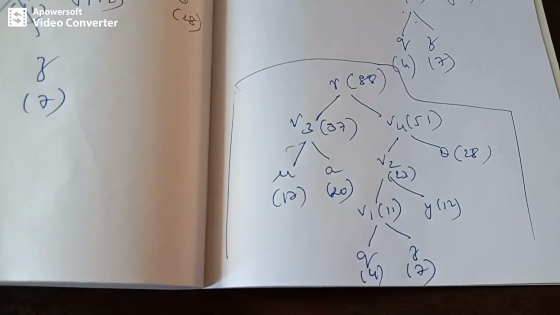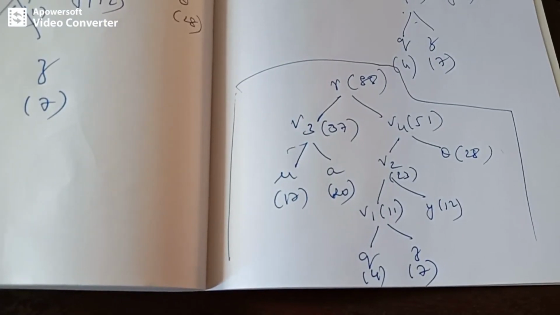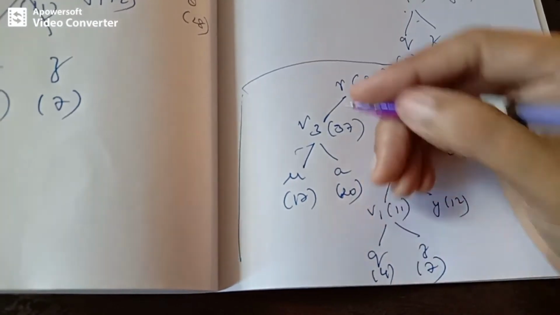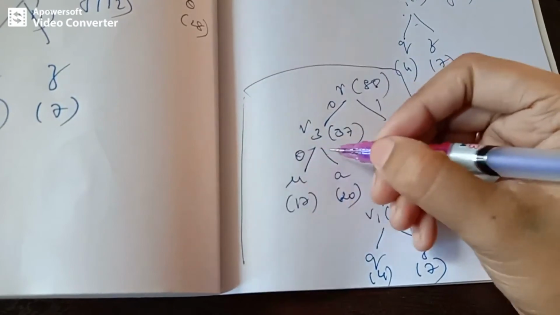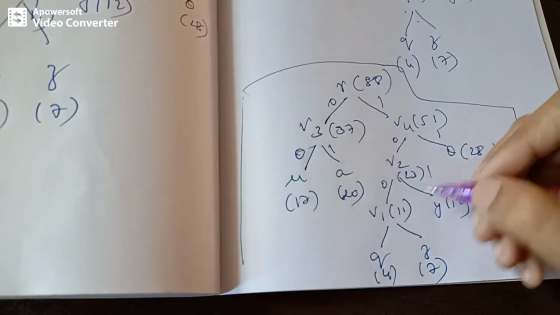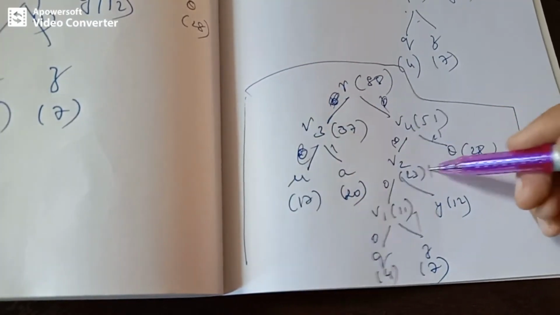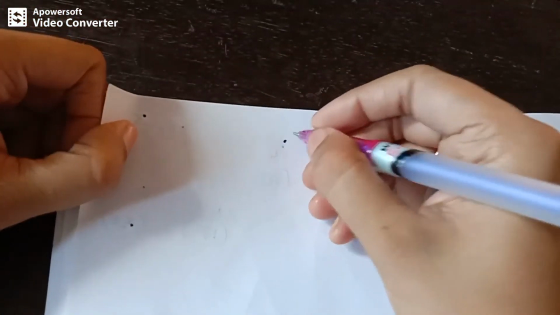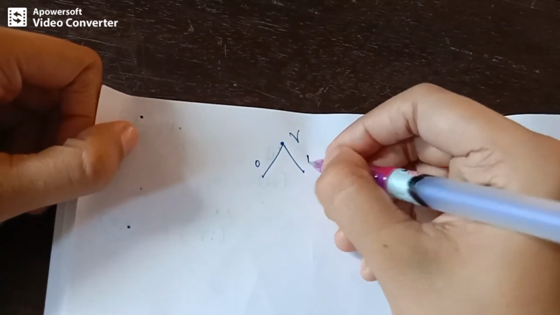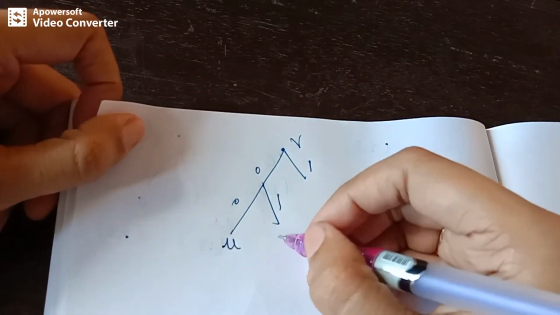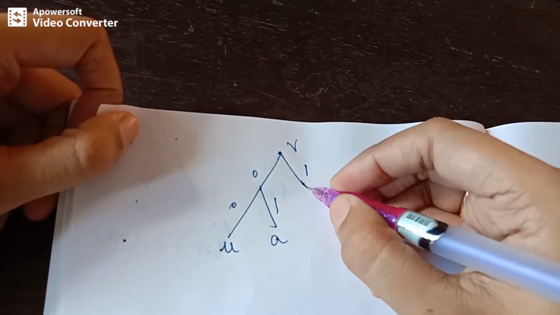But if you want to construct an optimal prefix tree, what we are supposed to do is label them just by zeros and ones: 0, 1, 0, 1. See here I am not including all these labels. In an optimal prefix tree, we are just going to include the labels and their leaf nodes.